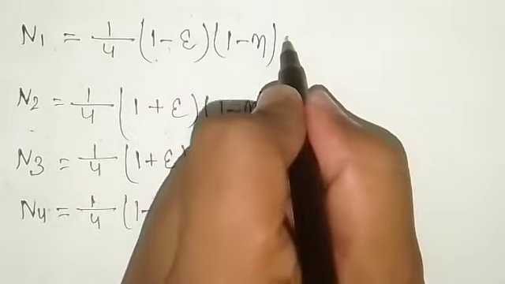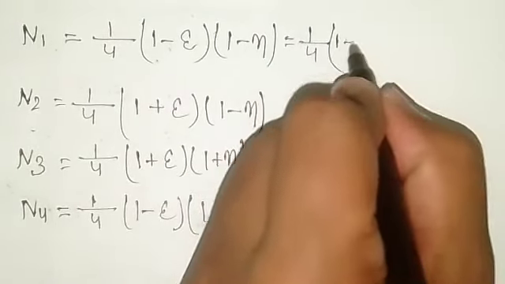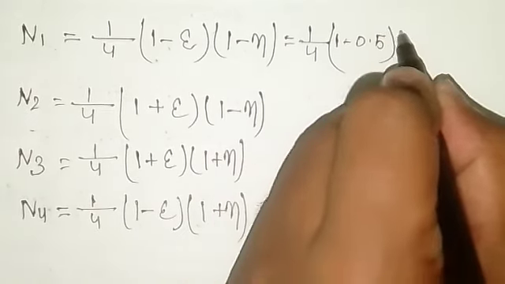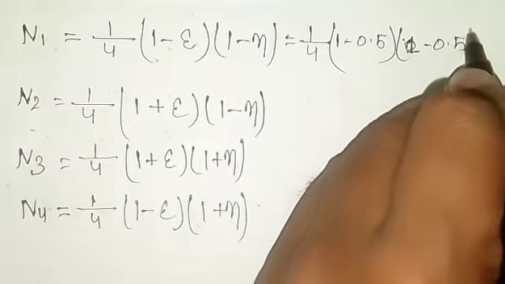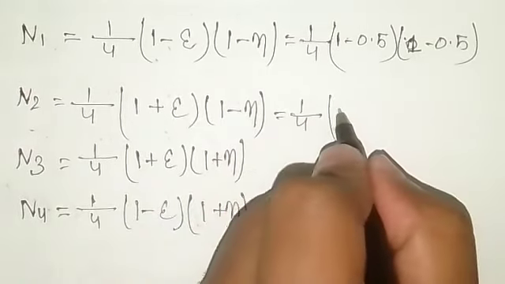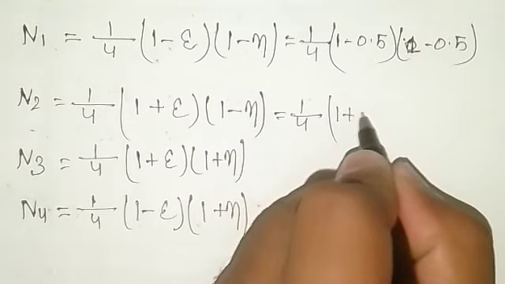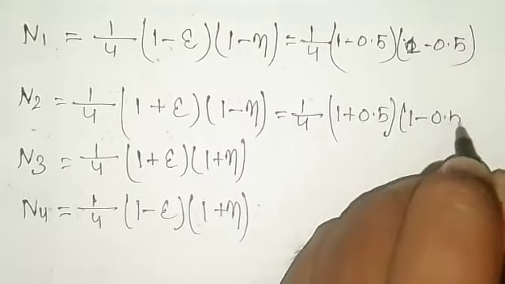Psi and neta values you know already, which are given in the question. So N1 is 1 by 4, 1 minus 0.5, into 1 minus 0.5, right? And N2 is 1 by 4 into 1 plus 0.5 into 1 minus 0.5.